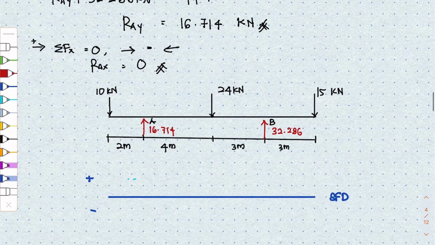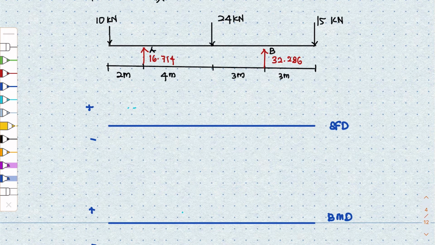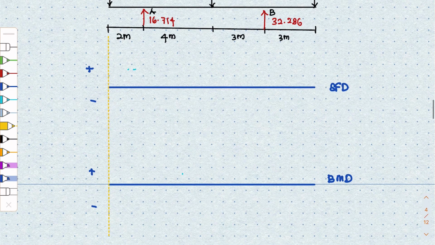Right, then we can draw the SFD and BMD based on apa yang kita dapat kat sini, but let's not forget to do the line here. So ambil kat mana yang ada forces to construct the line.